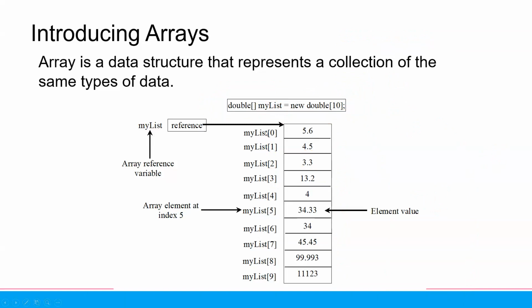And also we will have the index. Here is index 0, here is index 1, here is index 2, here is index 3, and so on. If we have 10, then it will be from 0 until 9.